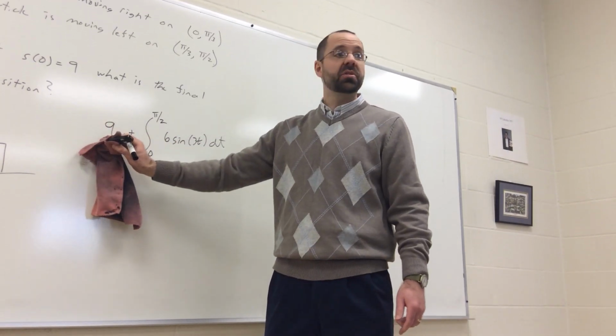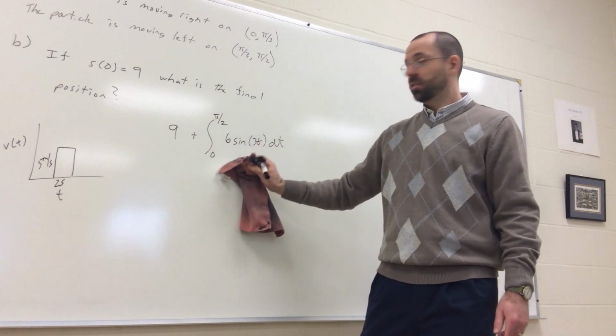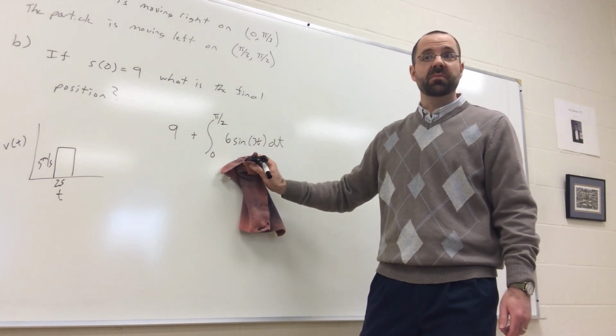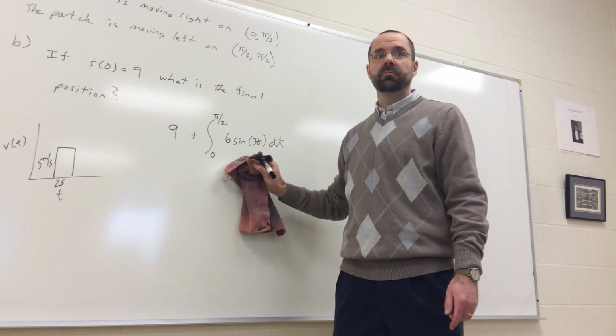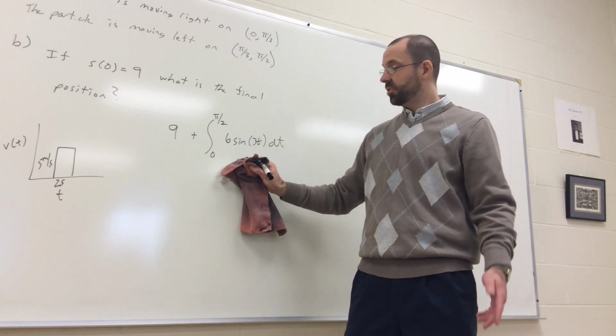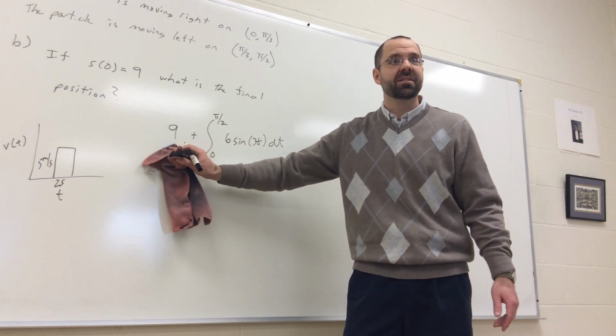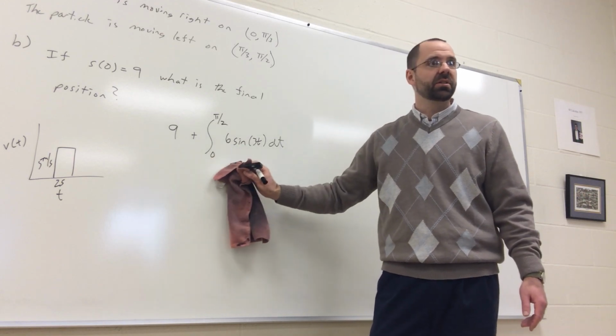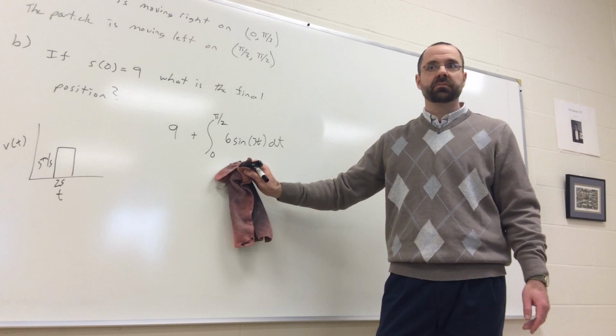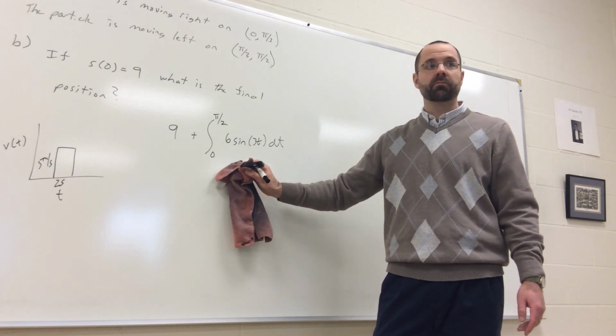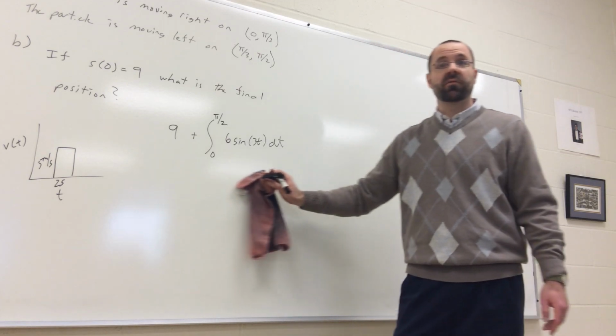If I take my starting position plus this, that's going to give me my final position. So yeah, good point, Carter. That's the plus C that we always have to include. Okay, so this is how we're going to figure out our final position.